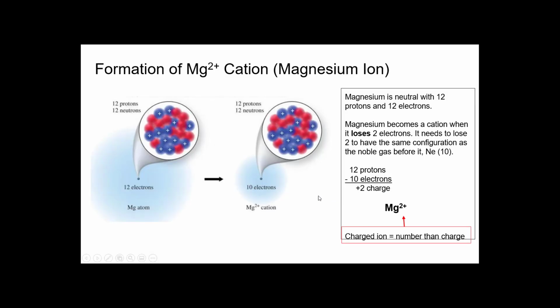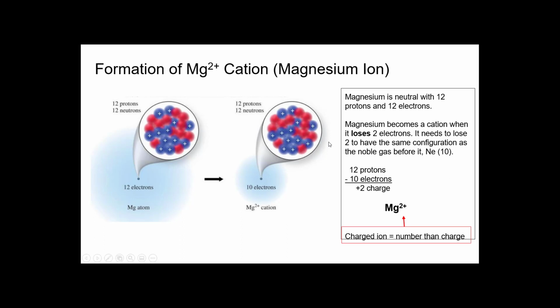Formation of magnesium. Sometimes you might, hopefully you do not, but if you do, I'm going to point out why something has a charge and why it's, for instance, a metal. If you look at magnesium overall, it has 12 protons, 12 neutrons and 12 electrons. That means it's neutral. But if you remove 2 of the electrons, you now have 12 protons and 10 electrons.